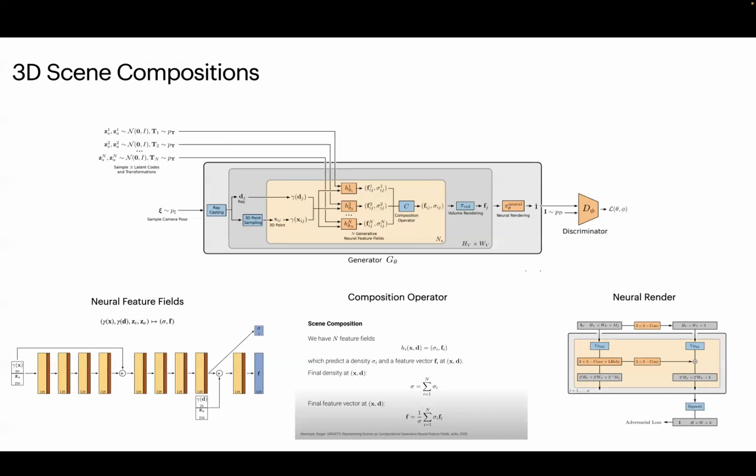The neural renderer, as you can see in the left part and in the right bottom part, is basically a convolution layer with ReLU activation. So maybe we could think of this as a black box, and after the final feature vector goes in, it will generate a 2D image, instead of a 3D image.